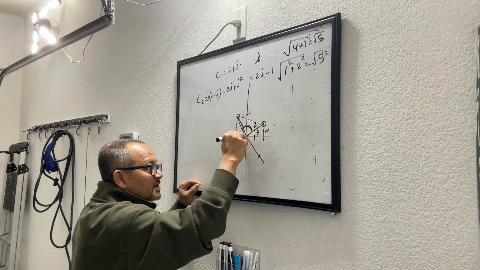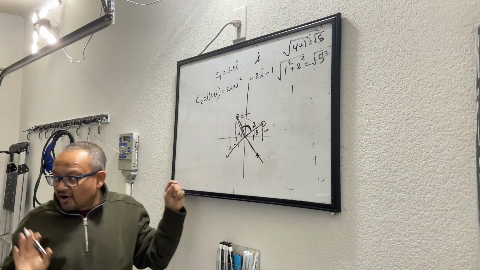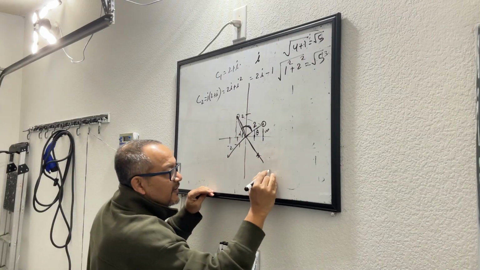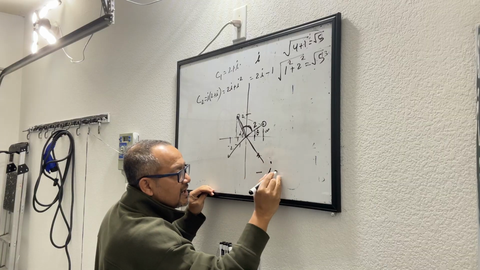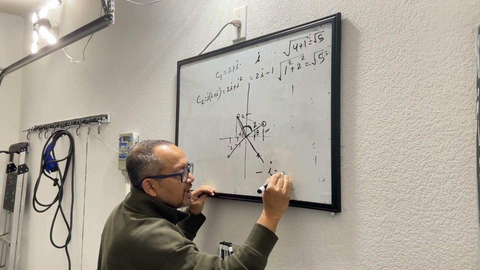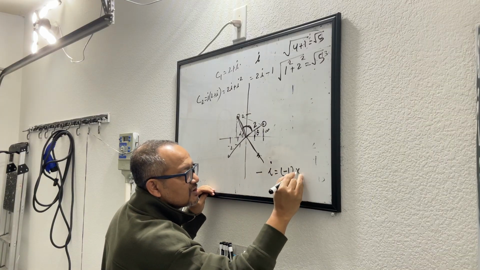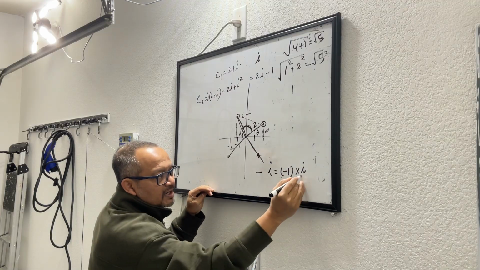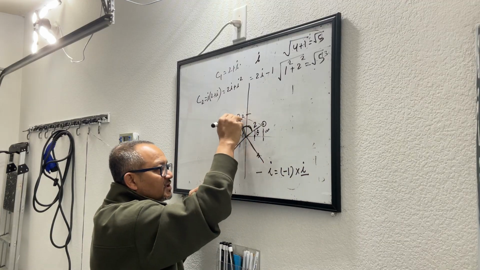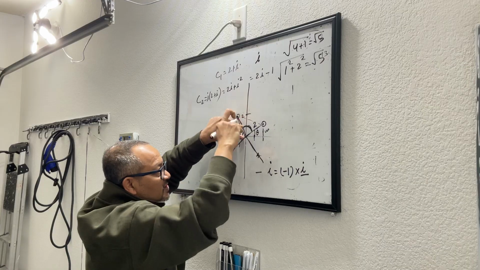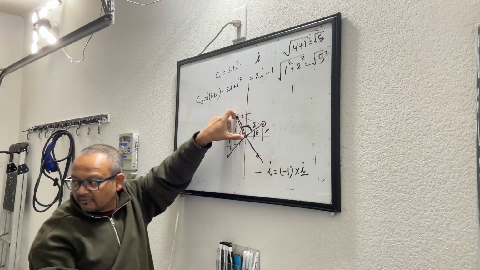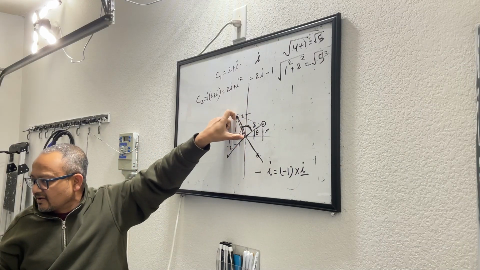When I am multiplying by minus i, I am going in this direction. Or you can always think like this: multiplying by minus i is as good as multiplying by minus 1 times i. So first you multiplied by i, you went in this direction. Now you are multiplying by minus 1, which means you are just flipping it by 180 degrees.